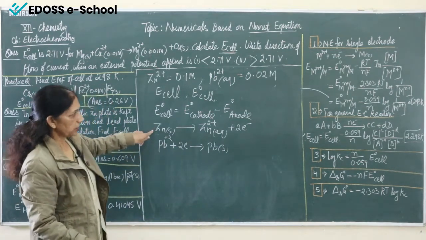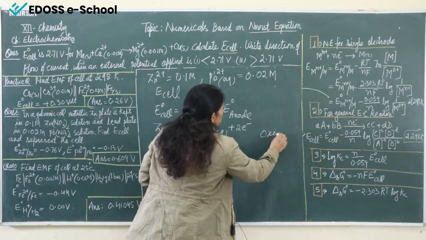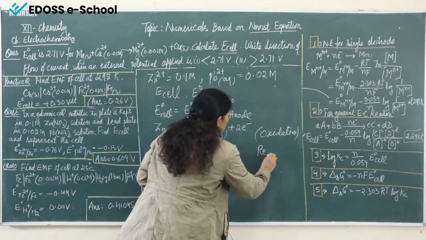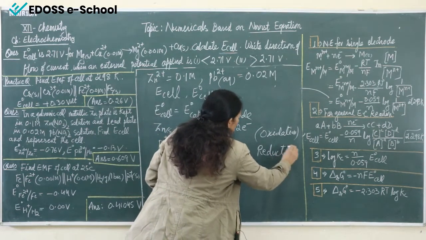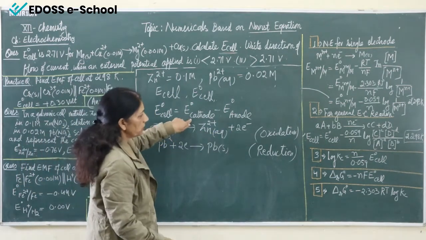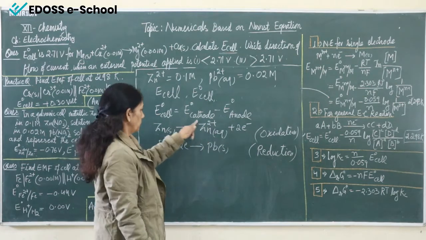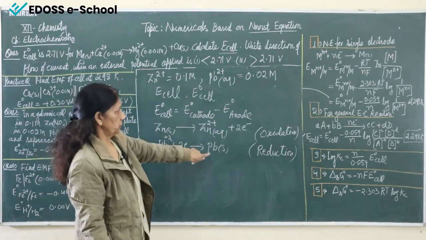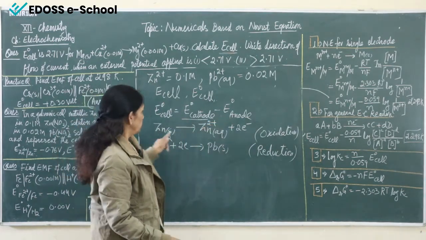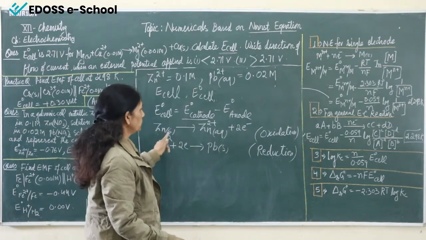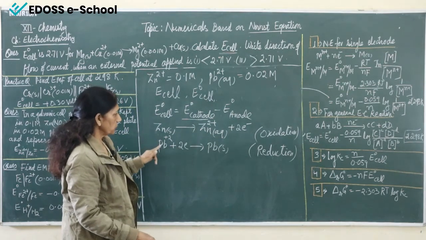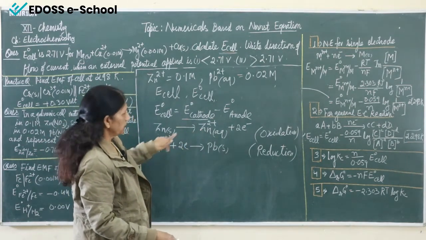So zinc is oxidation and lead is reduction. Cathode means reduction, so Pb is getting reduced and this will be cathode, and zinc is getting oxidized, so this is anode. Oxidation is taking place on zinc and reduction is taking place on lead.